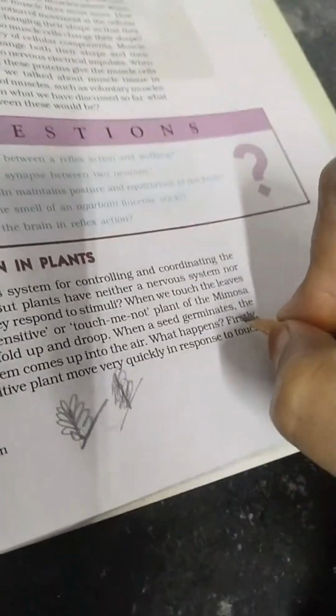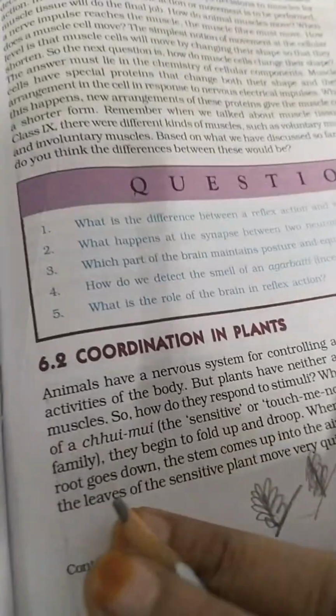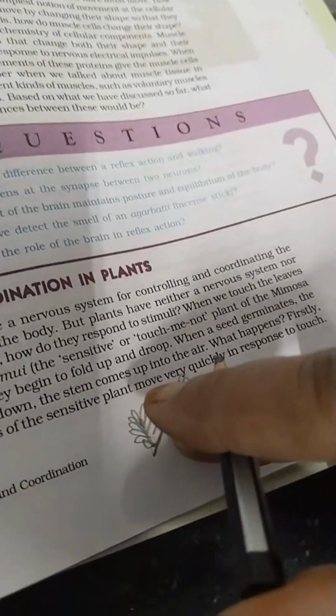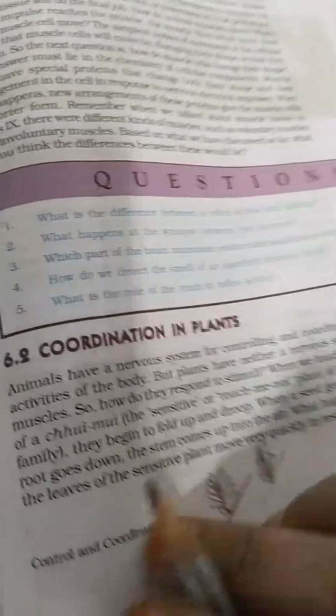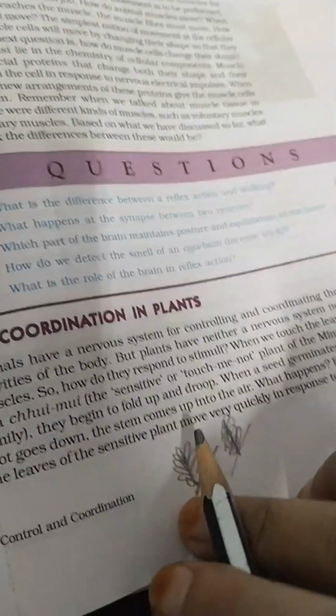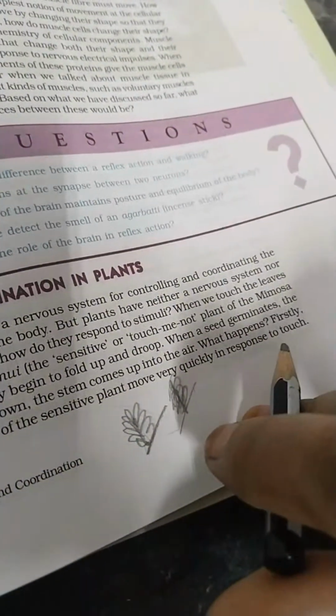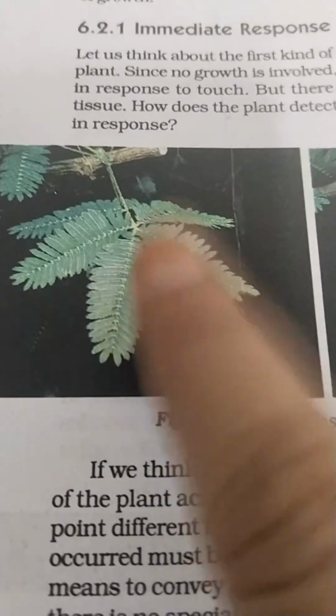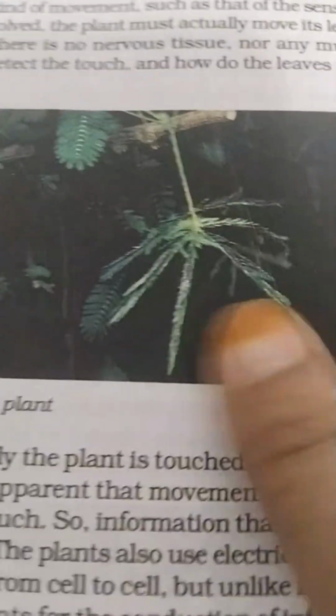When a seed germinates, the root goes down, the stem comes up into the air. Firstly, the leaves of the sensitive plant move very quickly in response to touch. If we are discussing the particular plant, chui mui, this is before touching, and after touching it appears like this.